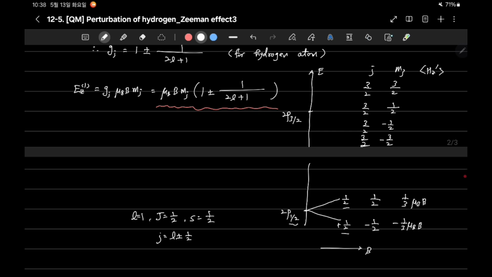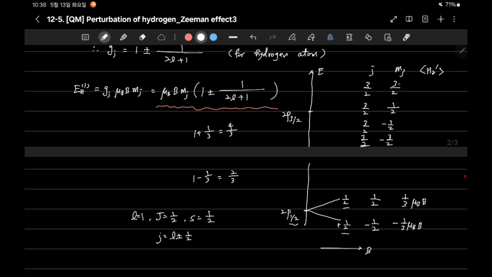In this case, when we insert m_J equal to 3/2 and L equal to 1, then it is 1 plus 1/3 for the 3, and also 1 minus 1/3 is 2/3.